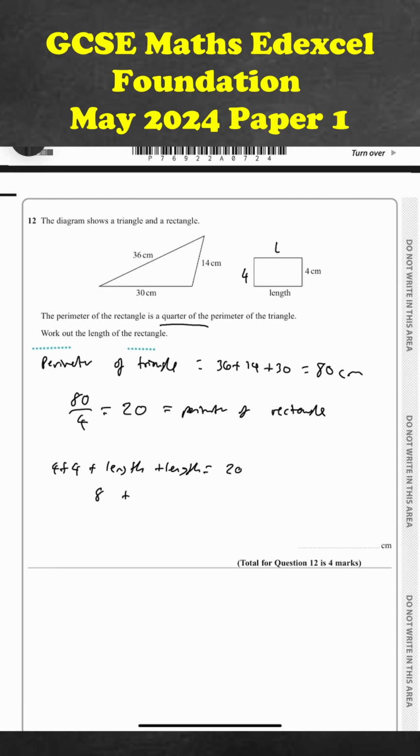So 8 plus 2L, let's call it, for the lengths, equals 20. 2L therefore equals 12 when we subtract 8 off of both sides, which means L equals 6 centimetres.